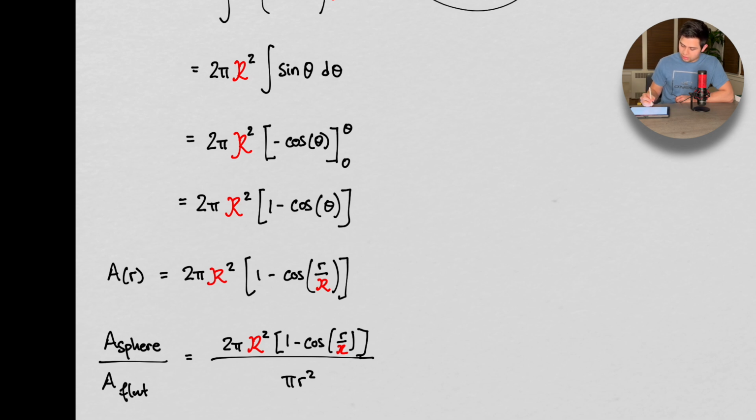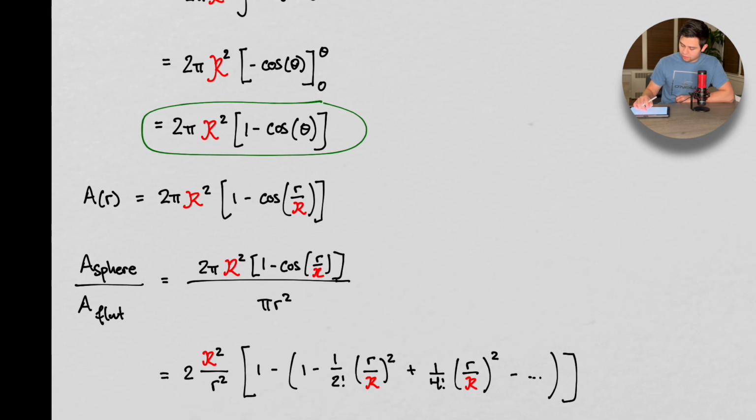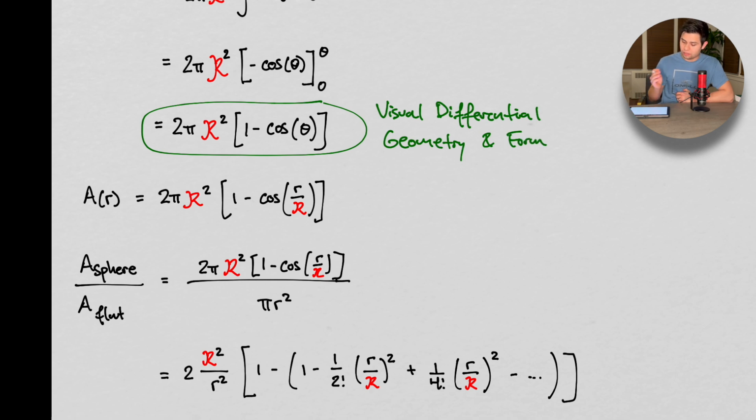I want to go ahead and circle this. This is going to come up in our Visual Differential Geometry and Forms playlist as well, which is what we're working on every Monday, with the exception of last Monday because it was Christmas.